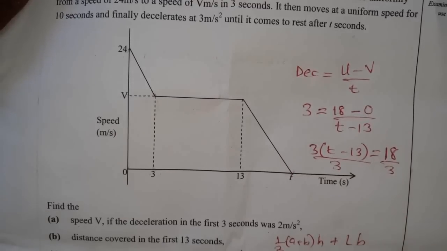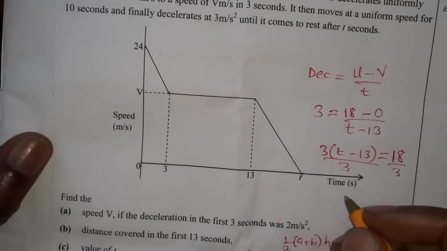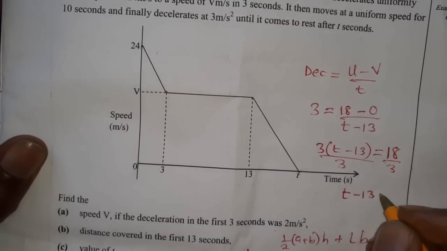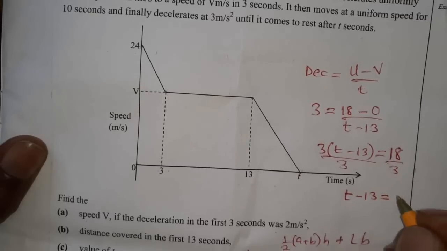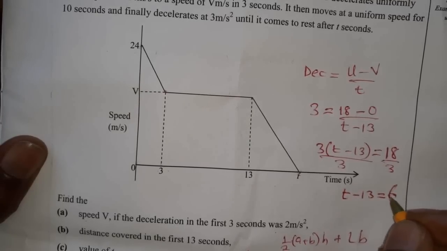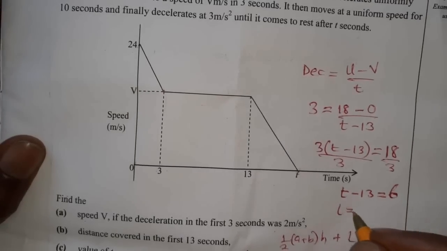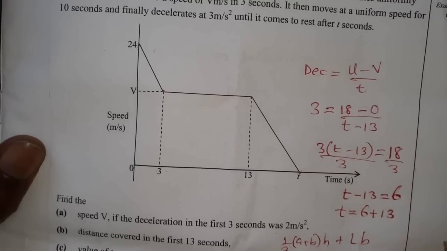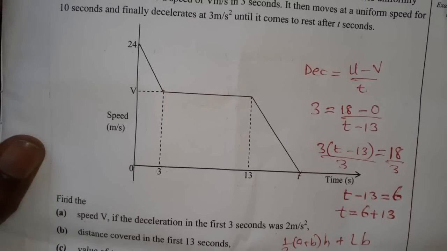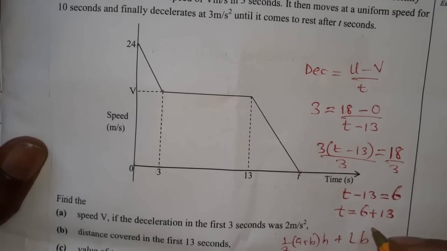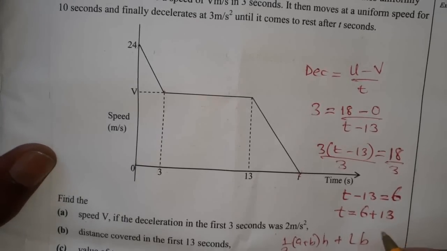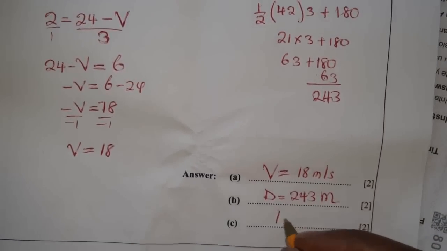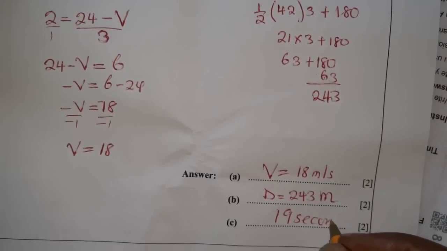You're going to get t minus 13 is equal to 6. And t is equal to 6 plus 13. What do you get? You're going to get 19. So here I'm getting 19 seconds.